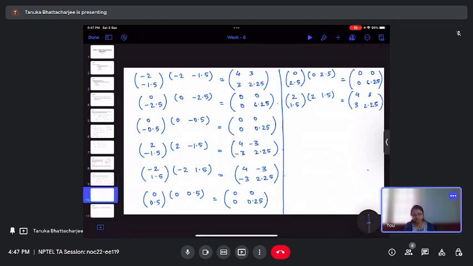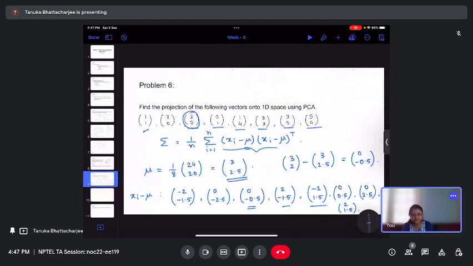Now you got these terms, xi minus mu into xi minus mu transpose for all i. To get the sigma matrix, you have to sum up all these matrices and divide by n. N is your number of data points, which is 8 in this case. So you sum all those matrices up and divide all the elements by 8.